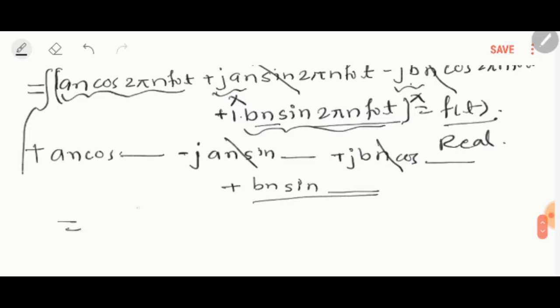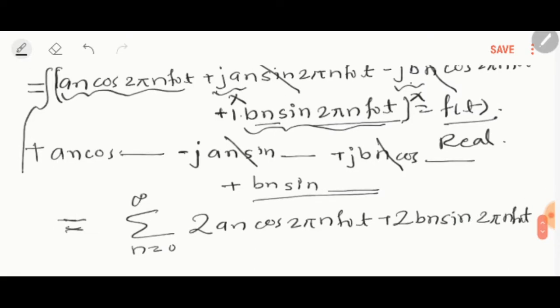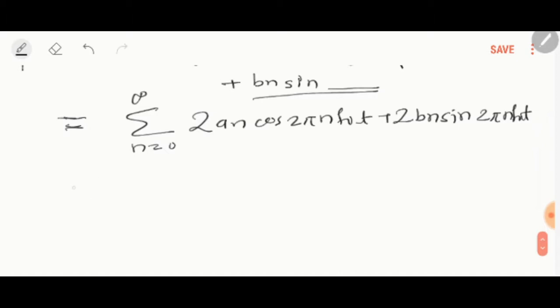So at the cost of cancelling these j terms, we have added these two terms again. So it becomes, n from 0 to infinity, twice an cos 2 pi n f naught t plus twice bn sin 2 pi n f naught t. So these two can be taken outside.